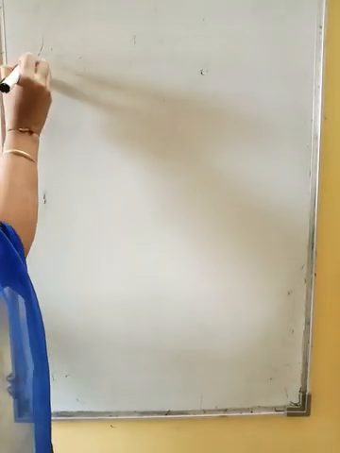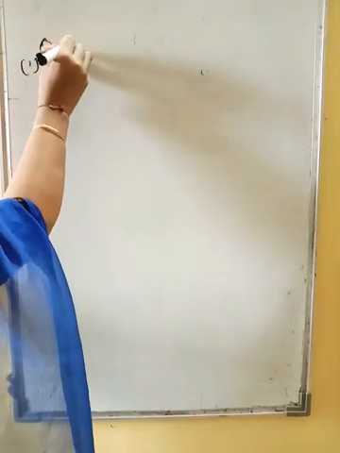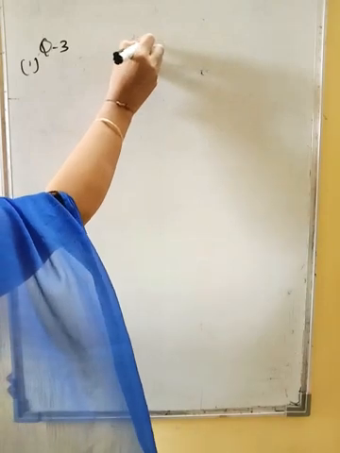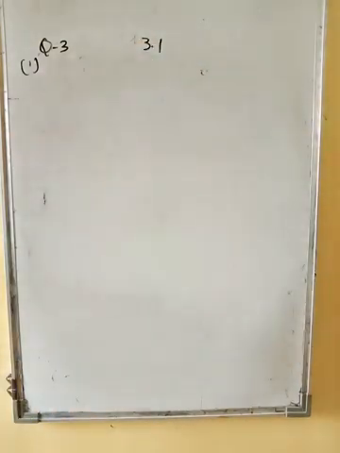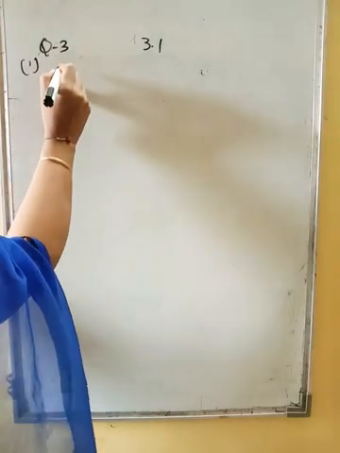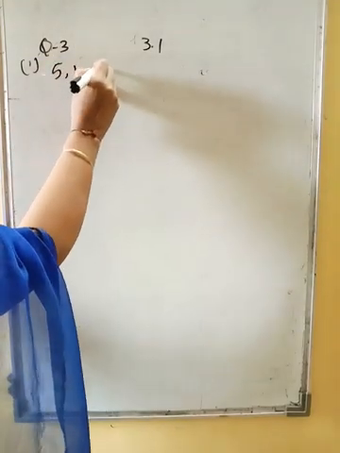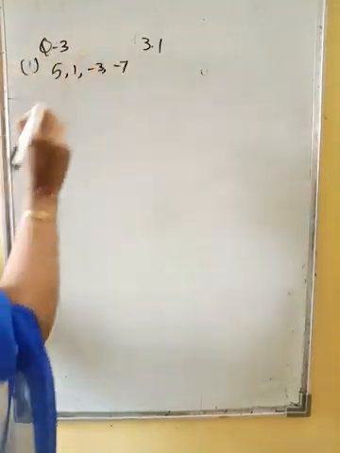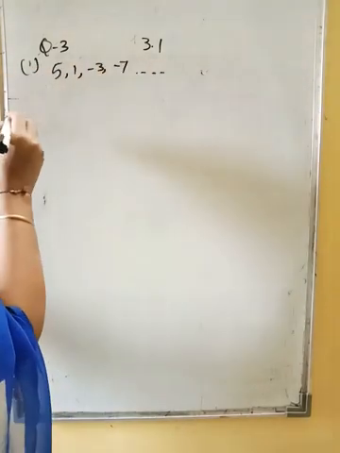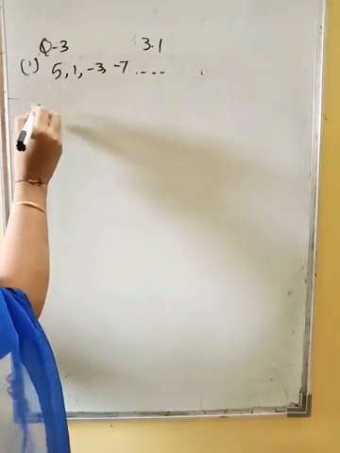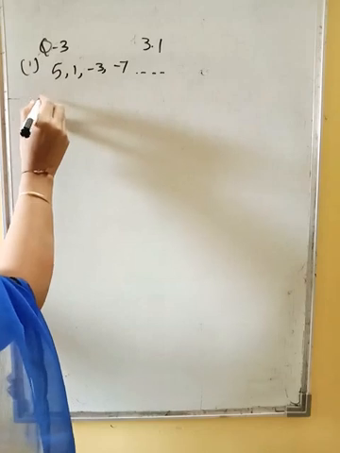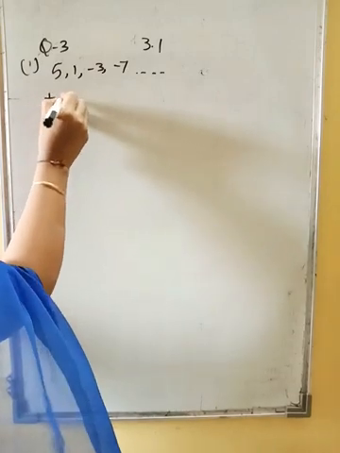So your first question of question number 3 of practice set 3.1 is 5, 1, minus 3, minus 7, dot dot dot dot. So first, children, always write down what is T1.